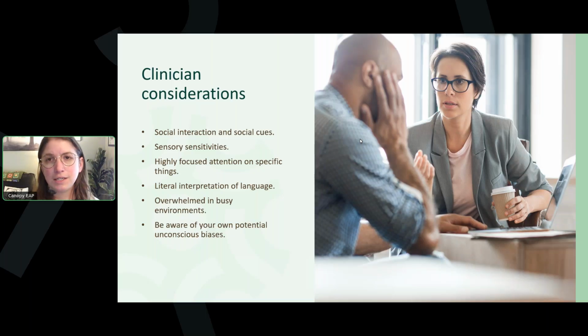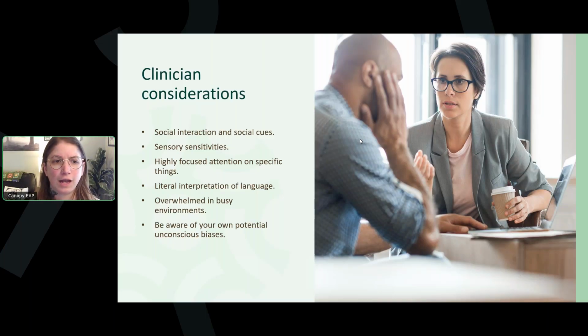Potentially sensory sensitivities. I'm going to go into more detail around some accommodations to consider for that, both for stimming, which we'll talk more about later, but also just the environment we're providing for individuals. A lot of times we may not even consider that something might be impacting someone's sensory input. It may not be the case for us, but it is for someone else.